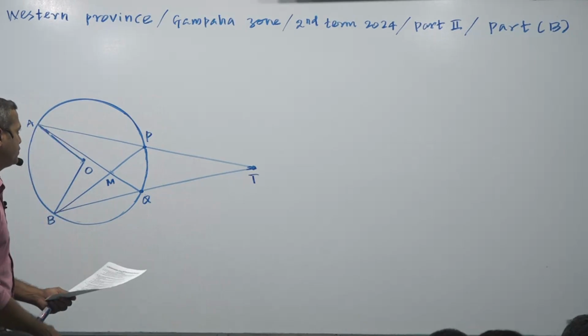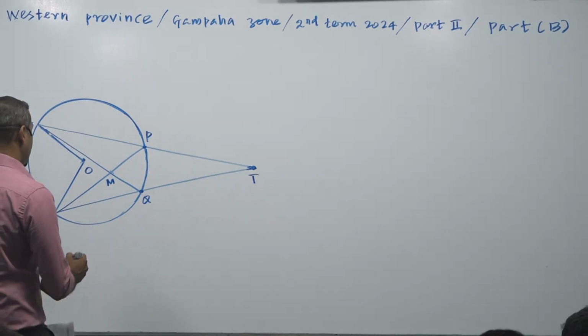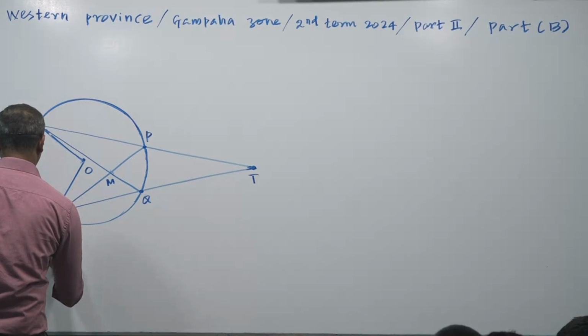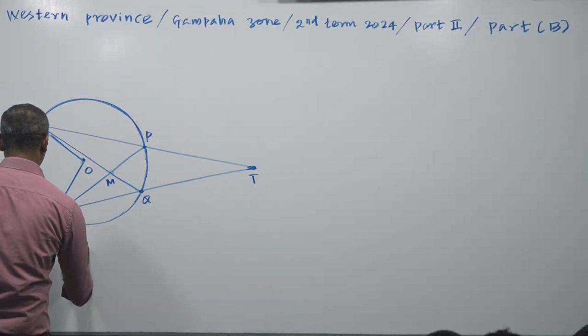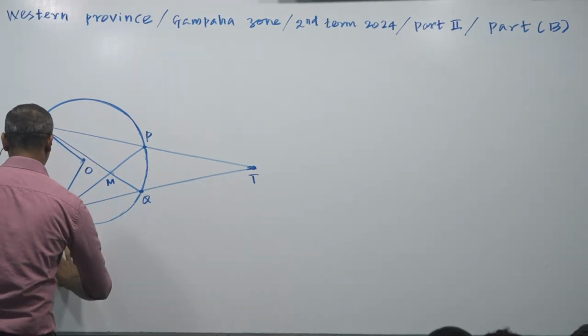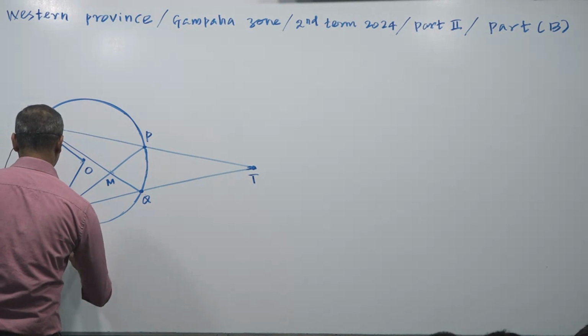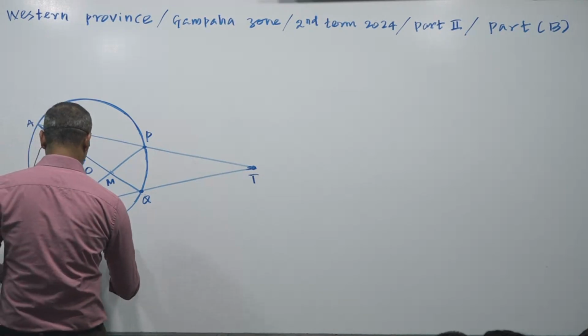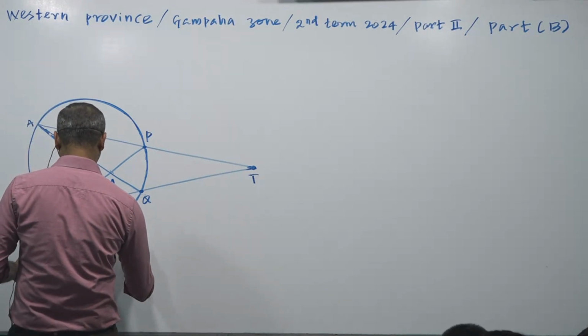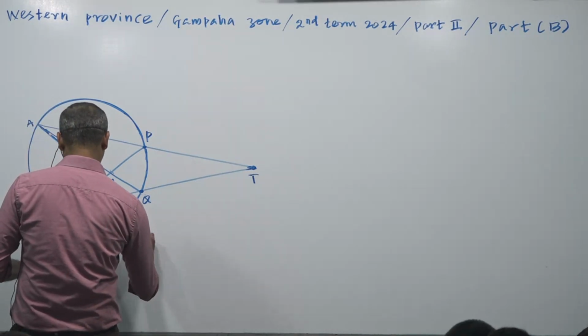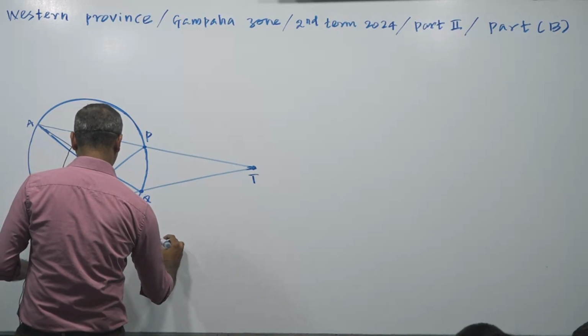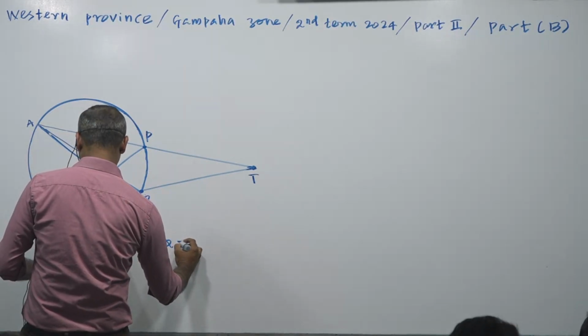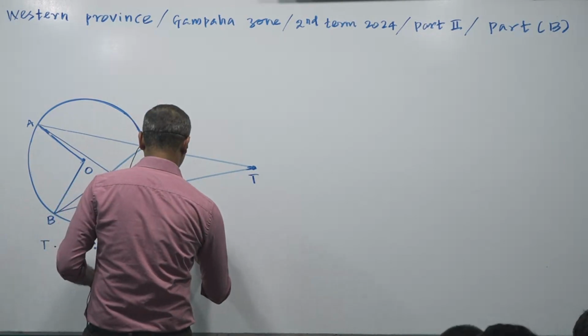Right. You need to prove what? You need to prove that AMB plus PTQ is equal to AOB.